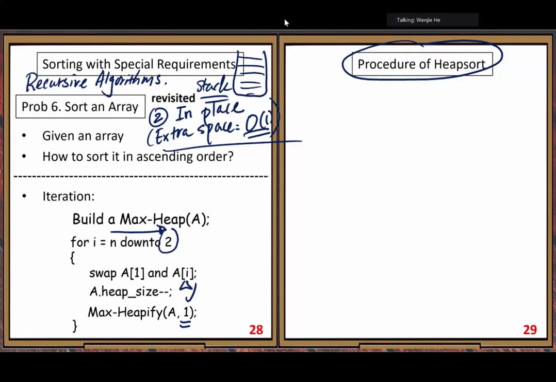If the stack is very deep, then it consumes a lot of memory. It could be out of control. In that situation, how can you say the extra space used is bounded by a constant? So it is not bounded by a constant.